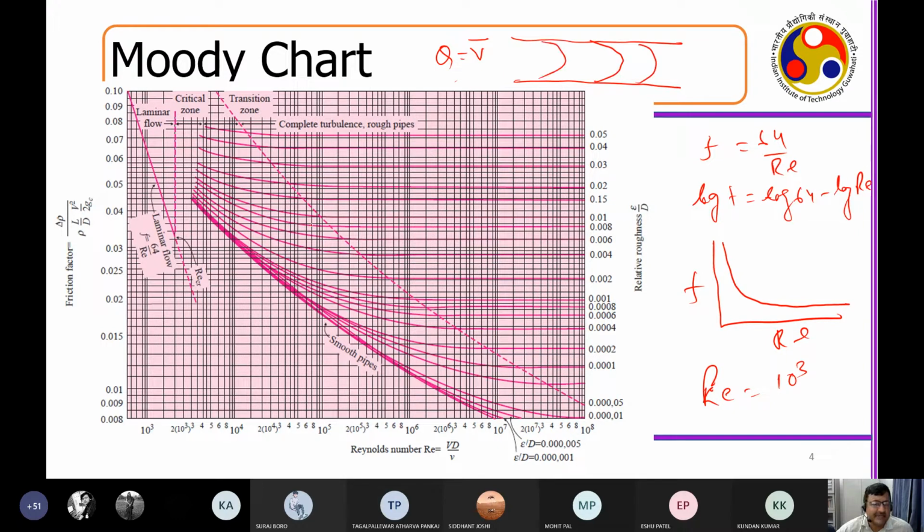And he defined the friction factor using the pressure drop, which you apply through the pump, then the density of water, L by D, length by diameter, and V square. This is what you change with the flow rate. This is the way he defined the friction factor.